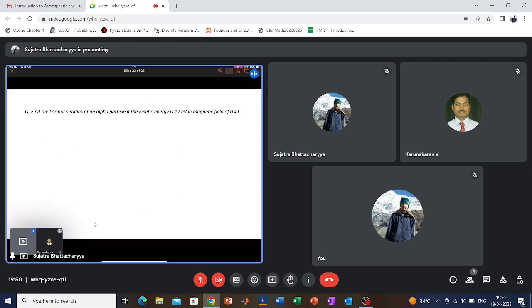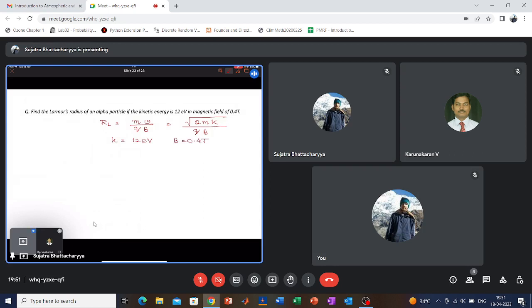And the last question is corresponding to the Larmor's radius, which is nothing but the radius of gyration. So mv upon qB, and we have already seen that in terms of kinetic energy it can be written like this. We have already seen it many times. The kinetic energy is known to us, that is 12 electron volt, and the magnetic field is about 0.4 Tesla.